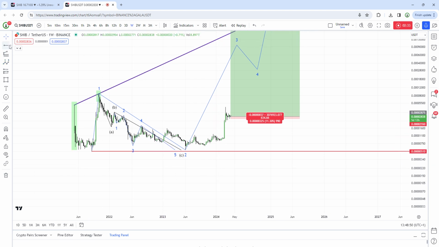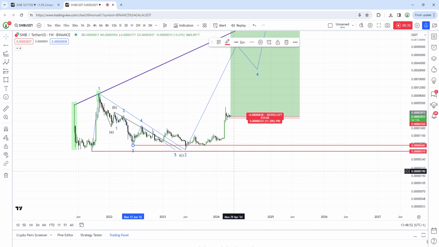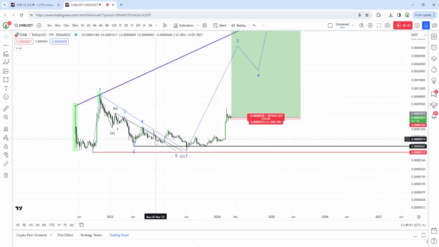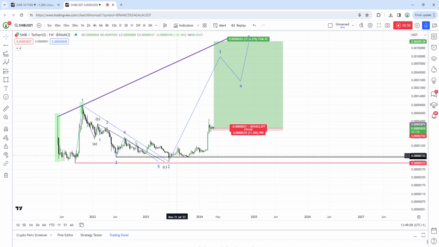As soon as we took out this low here, we can do that. Let's put that in black, for example. As soon as we took out this low here, it's basically like a Wyckoff. So it's wicked off, taking out all of these stops, but it's not set a new low, and that's really important.